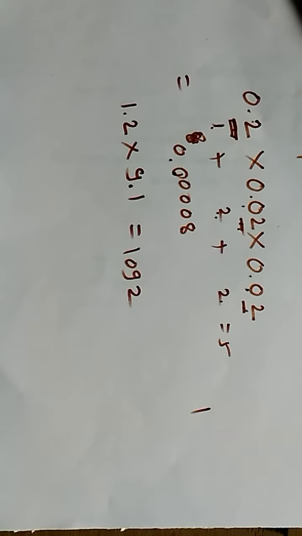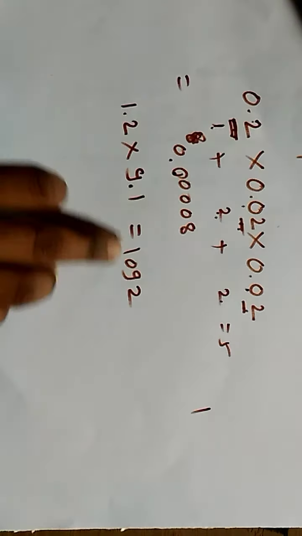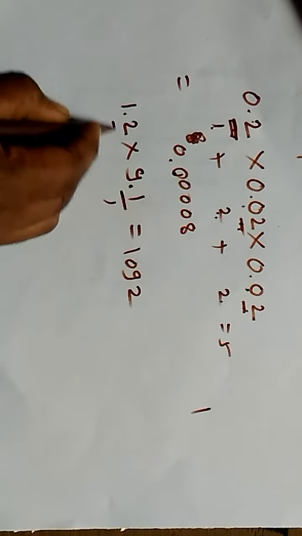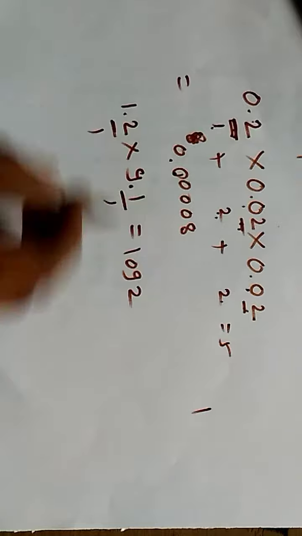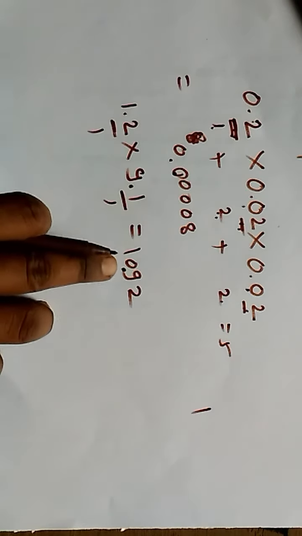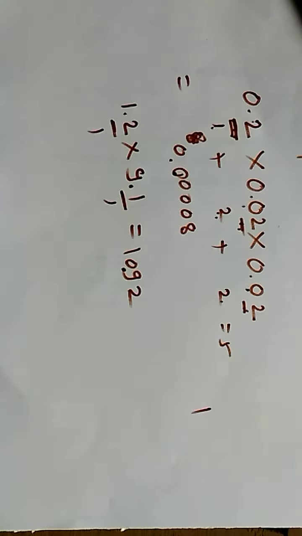The whole number is 1092. The decimal place is after 1 place and after 1 place, so 1 plus 1, that is the decimal point after 2 places. So our answer is 10.92.